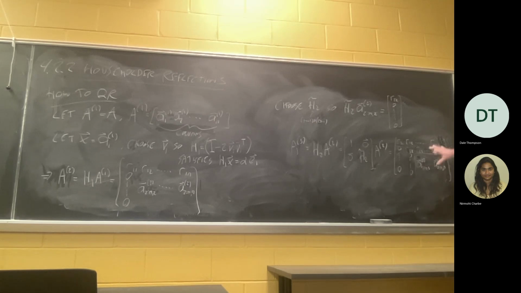So we keep working on a smaller portion of the matrix until there's nothing left to eliminate, or until we get all the way to the nth column. Questions about what we have here? That was kind of a mess.